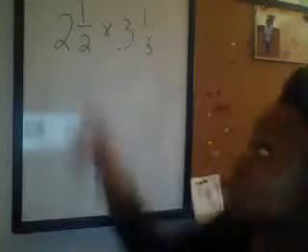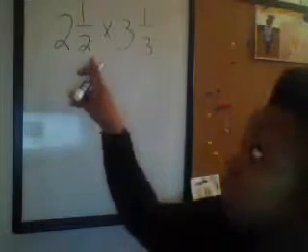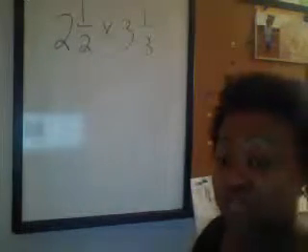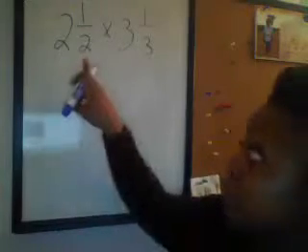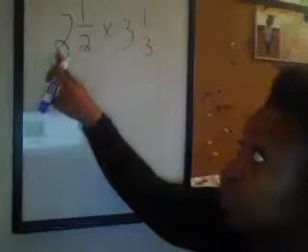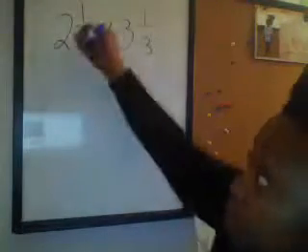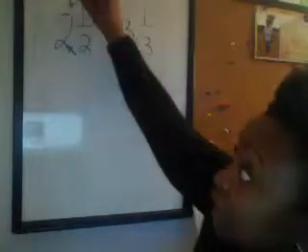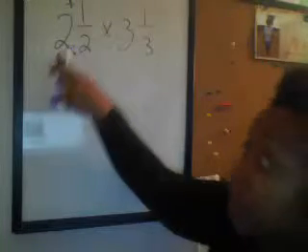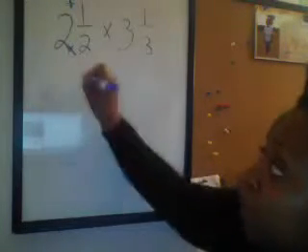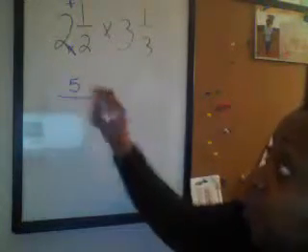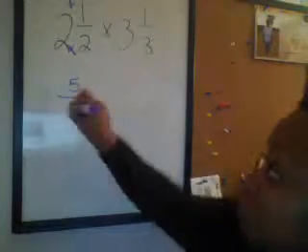Okay? All right, so this is 2 and 1/2. In order to turn this into an improper fraction, I'm going to multiply my denominator by my whole number, and then I'm going to add my product to the numerator, 1. So put a multiplication sign there, addition sign there. 2 times 2 is 4, plus 1 is 5, so my numerator now becomes 5 over, denominator stays the same, 2.